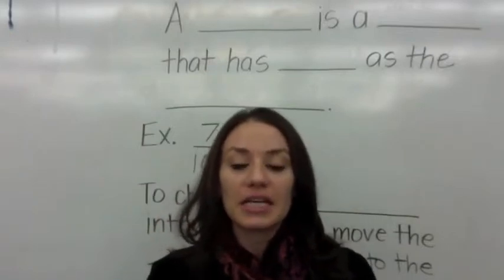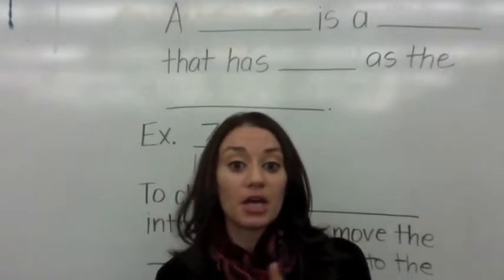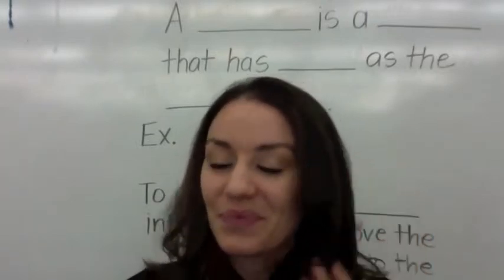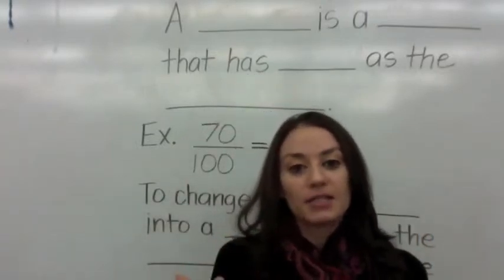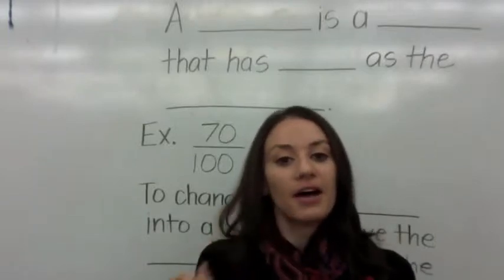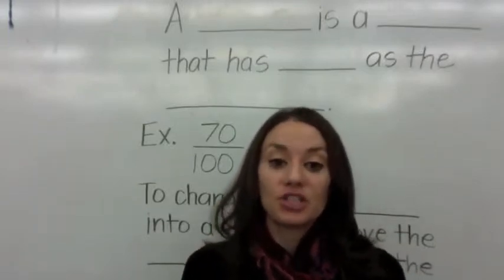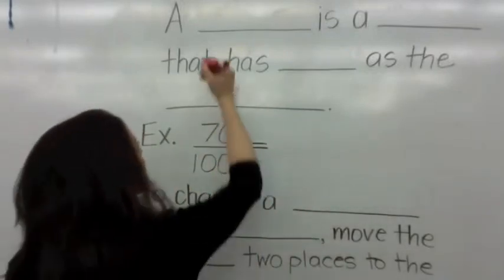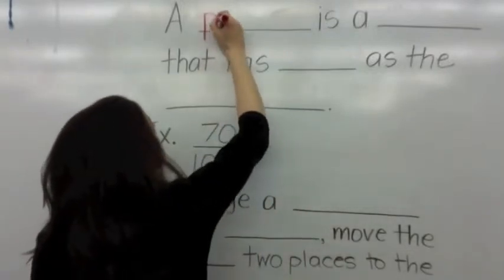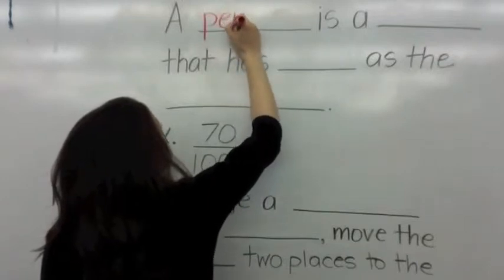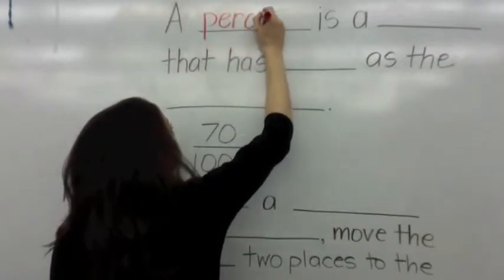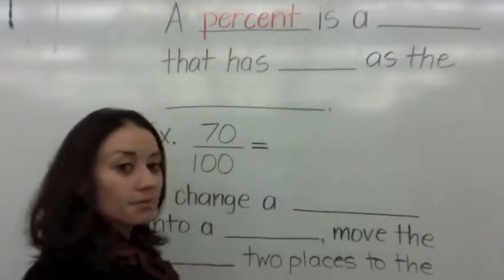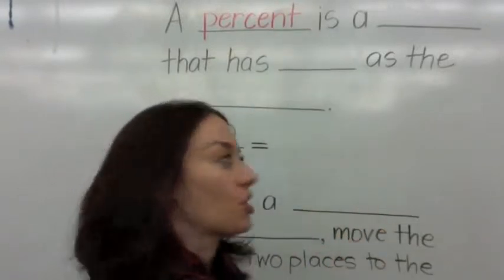So a percent, it's important to know that it is part of 100. A percent is part of what number? 100. And you know that a percent, if it's out of 100, that's really just a fraction, all right? So we're going to write a percent is equal to a fraction.